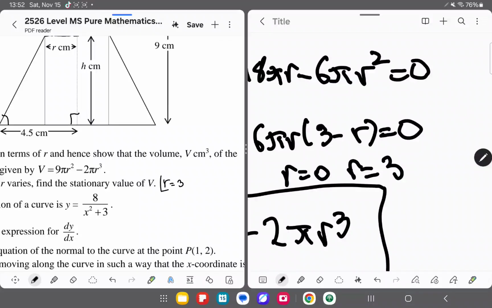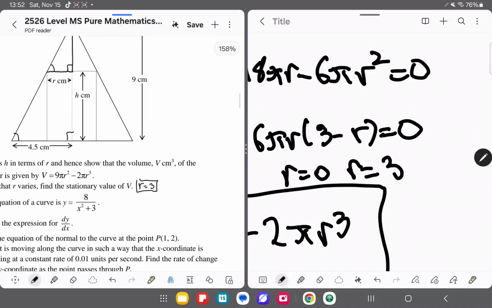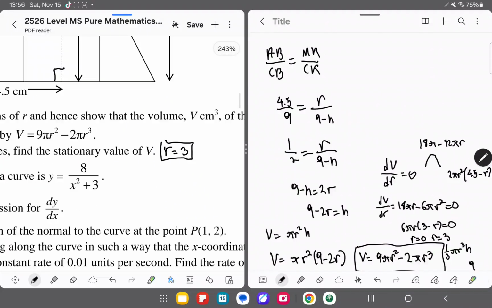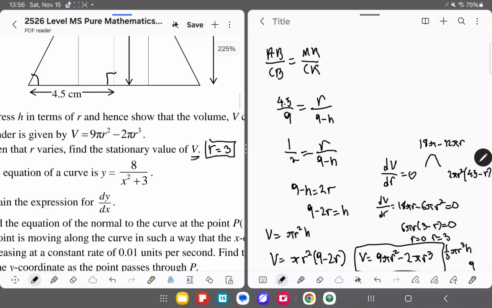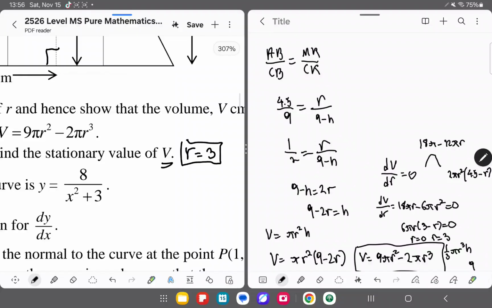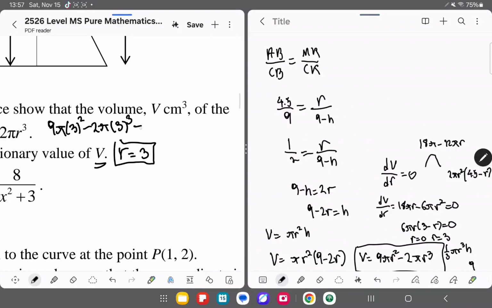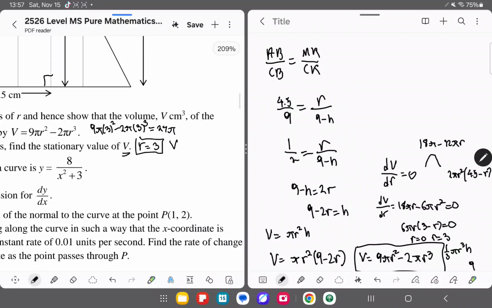Since they want the stationary value of V, we must plug r equals 3 back into V. So you get 9 pi r squared minus 2 pi r cubed, and then you simplify to get 27 pi. So this is our stationary value of V: V is equal to 27 pi centimeters cubed.